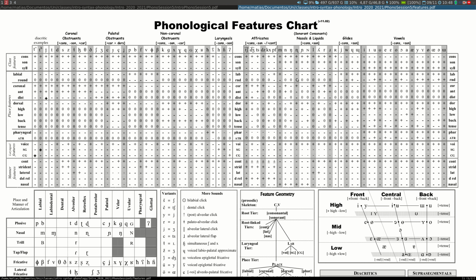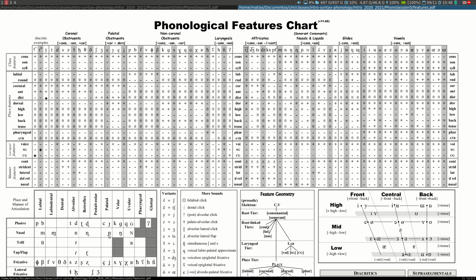Now, to the features, which is the point of this talk. You have them here. These are the most common features, and with these features you can distinguish quite a few sounds. Now, recall, features are about contrasting sounds, and we basically only want to use as many features as we need and no more.